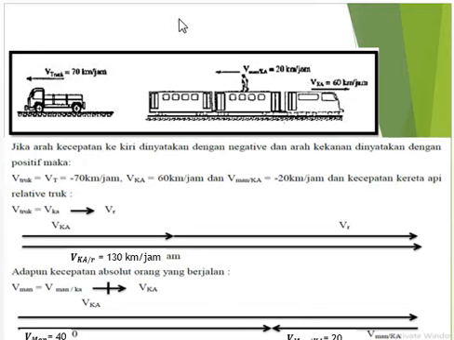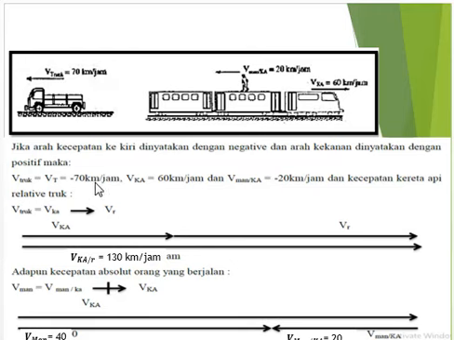Furthermore, you can look at this illustration. If velocity to the left direction, we use negative, and to the right direction, we use positive. Now we can calculate: velocity of the truck is minus 70 km per hour.